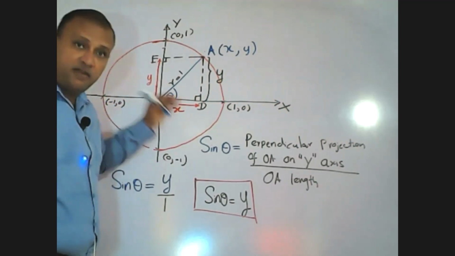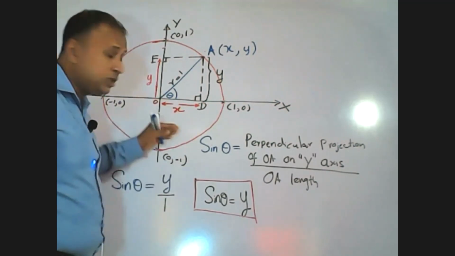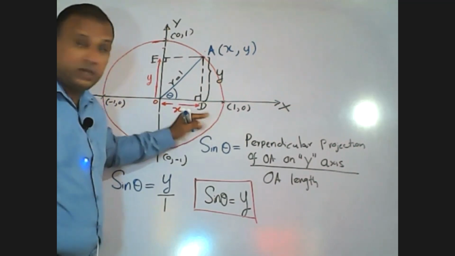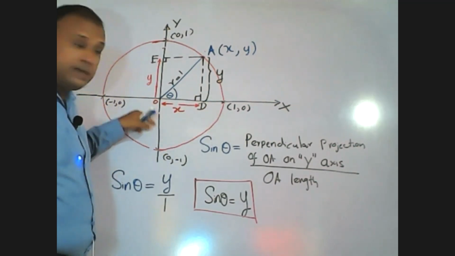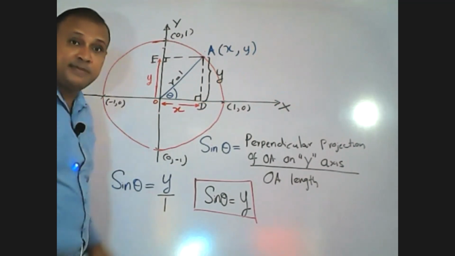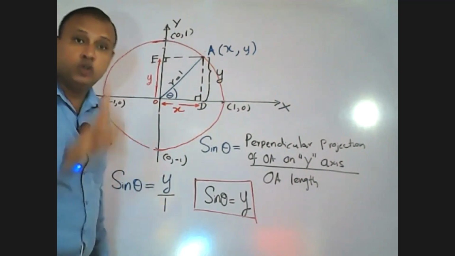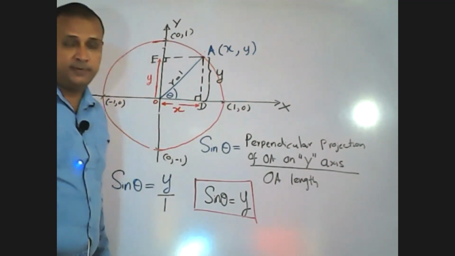Therefore, this is a fair way to define trigonometric ratios. That's why we use a unit circle. The unit circle is the circle which has its center at the origin, and the radius is equal to 1.